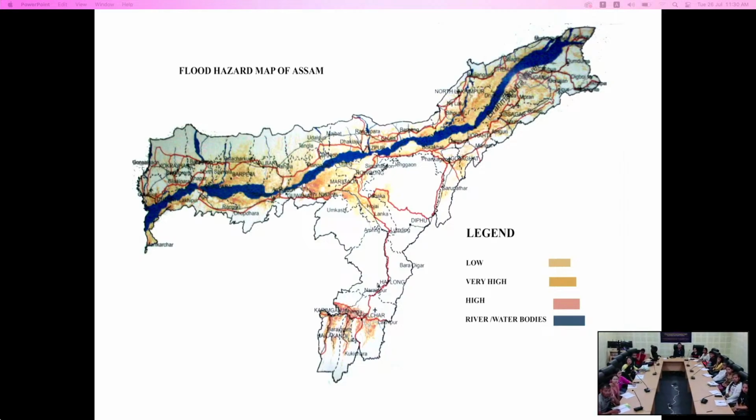So, if there is a big industry which wants to come to Assam and wants a flood free zone and a flood secured place where it will not be affected by floods, you have the information where you have actually flood free zones. Isn't that useful? So, that is the usefulness of maps.